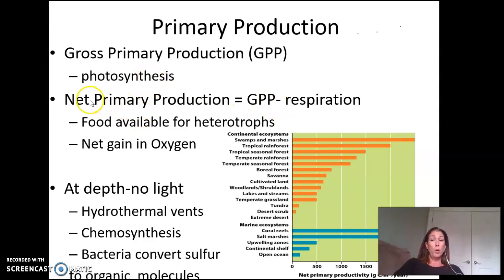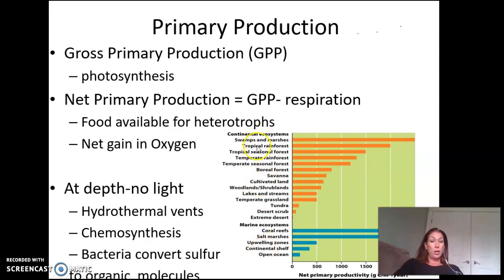So really what the NPP, or net primary production, tells us is how much food is available for the next level. What we do see is that there is a net gain in oxygen, that the trees and the producers do not use all of the oxygen. So one way that we can measure NPP is oxygen produced.